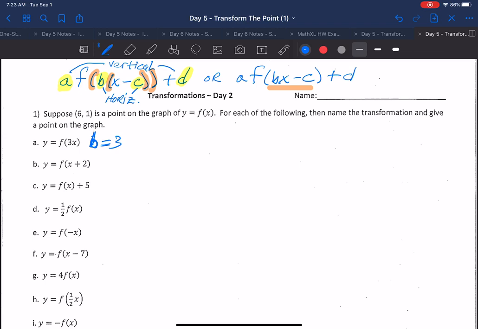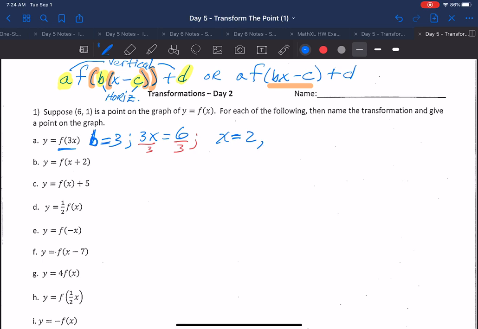So what you're going to do is take 3x and set it equal to your original 6, and solve for x. You divide this side by 3 and this side by 3, and you get x equals 2, okay? The only thing that was acted on in this example was the x value, not the y value. So your transformed point is 2, 1.